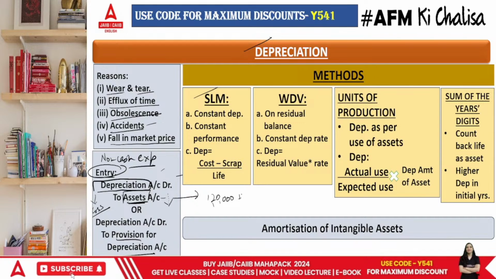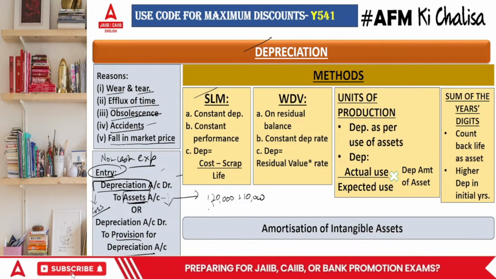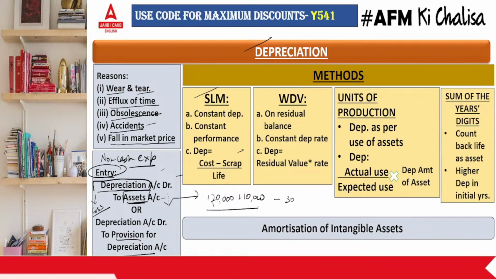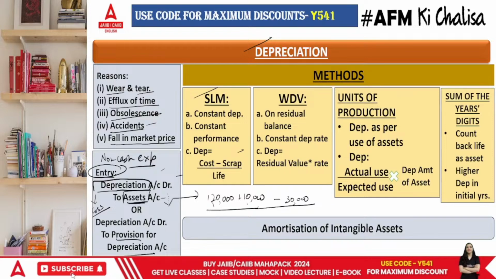So if there was a specific amount of 10,000 there, the installation cost, then minus scrap, meaning by the end of the life of that asset, if I sell it for 30,000, and the maximum I can use it, this is called depreciable value. The value of that asset is 1,40,000, okay?